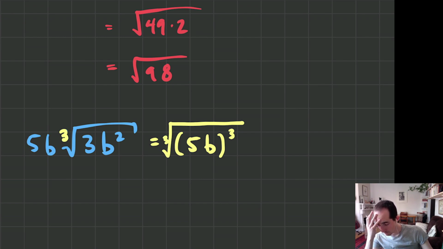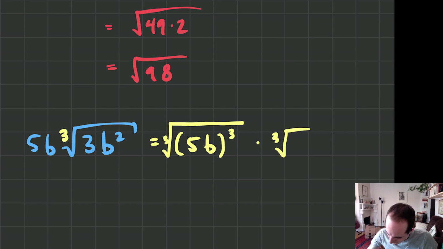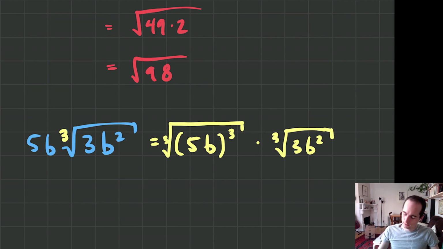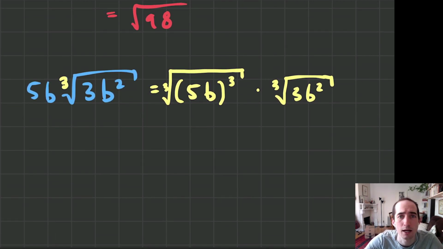That's the same thing as 5b. So I'm going to multiply that by the cube root of 3b squared. Okay, and maybe you can start to see where these little ticks at the end of a radical sign actually mean something. Just going to make sure that the chat is okay, everyone's doing fine.